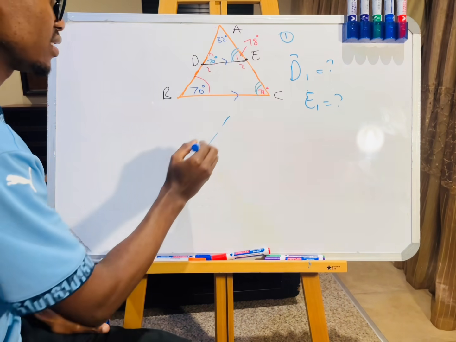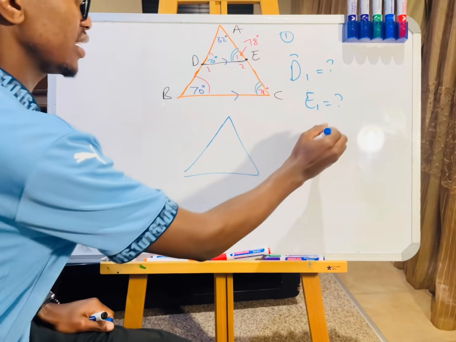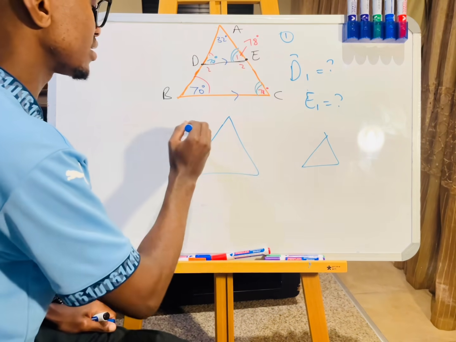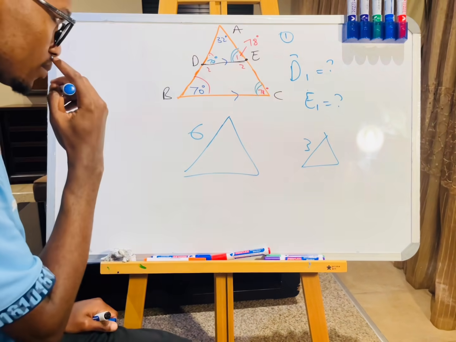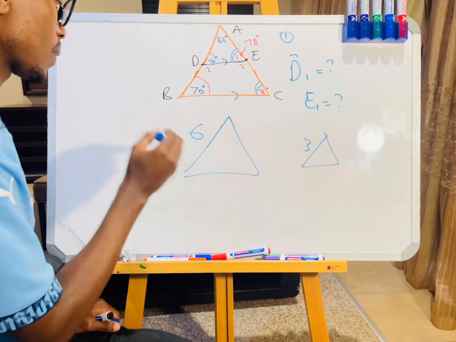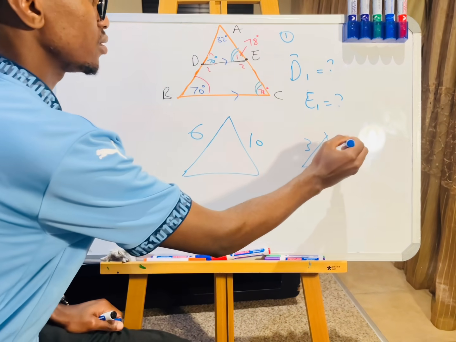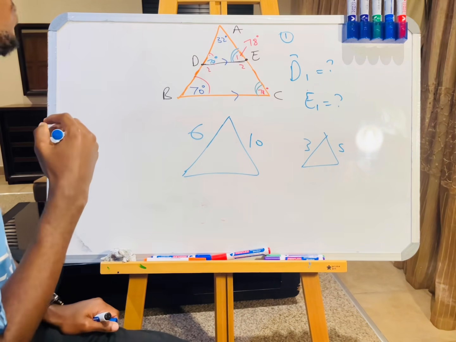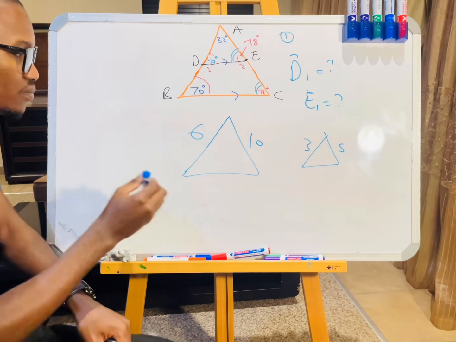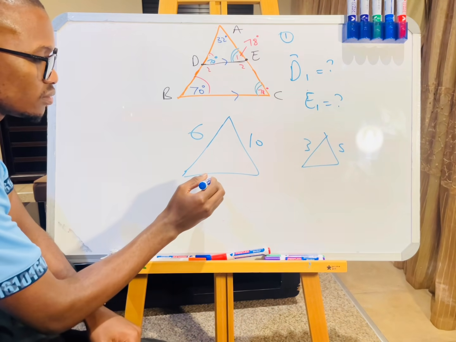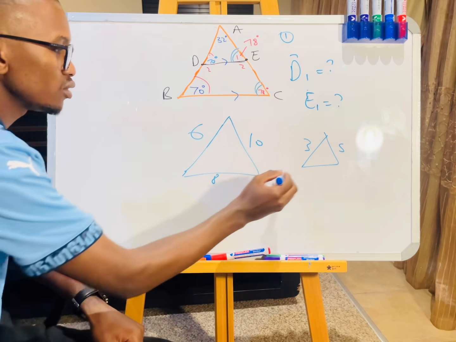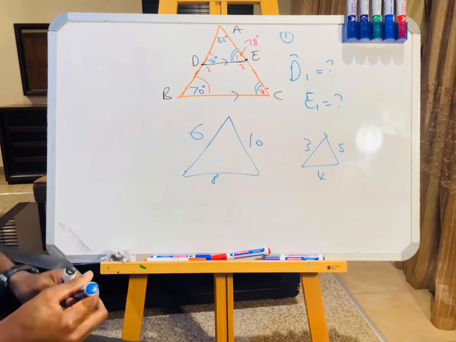It's like when you're given the sides. For example, you have a smaller triangle with sides 3, 5, 4, and a larger one with sides 6, 10, 8.